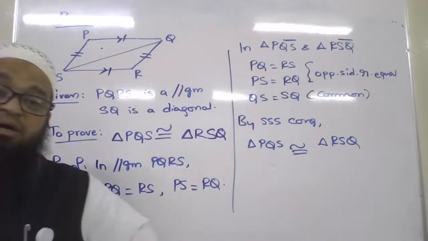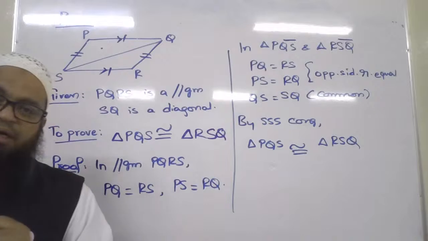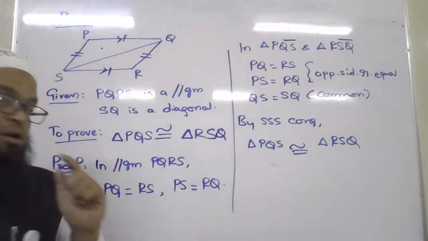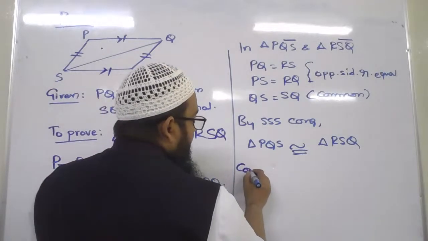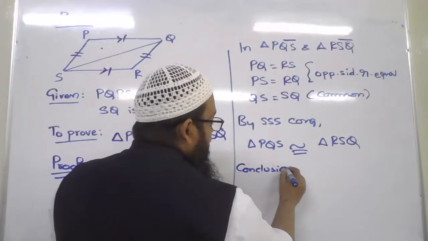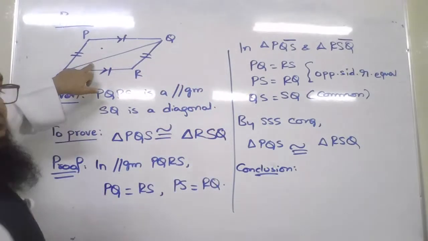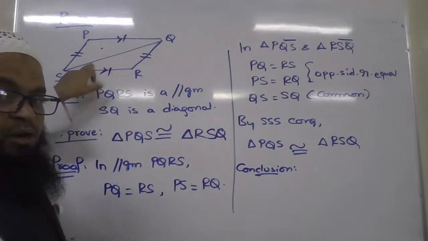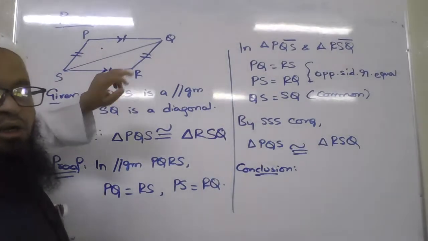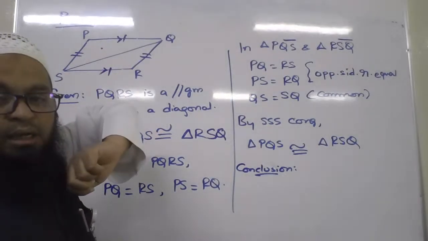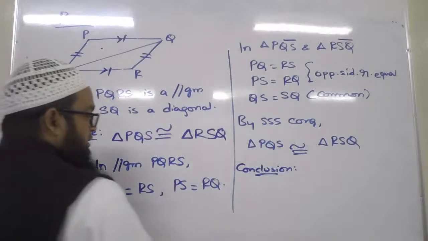Okay, what is the fifth step in proving a theorem? Conclusion. So you have to write the conclusion. The conclusion is that the diagonal of a parallelogram divides it into two congruent triangles. Understood? Good, my dear students.